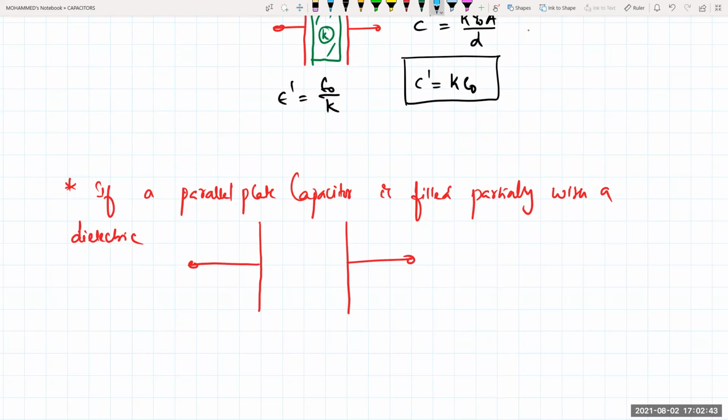In this one we are keeping a dielectric like this. This is your dielectric constant K. The thickness of this one is, say for example, T. Total distance from here to here is D.